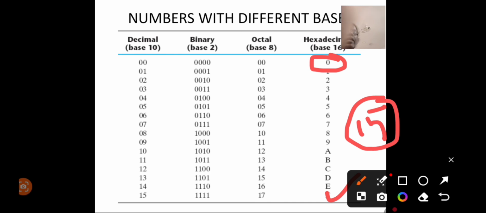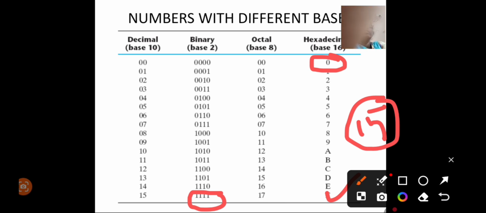But when you consider binary, the minimum number of bits required for representing F, which is 15 in decimal, is 4 bits. We need a minimum of 4 bits for representing hexadecimal F. So all possible binary numbers corresponding to hexadecimal can be represented in 4 bit format.